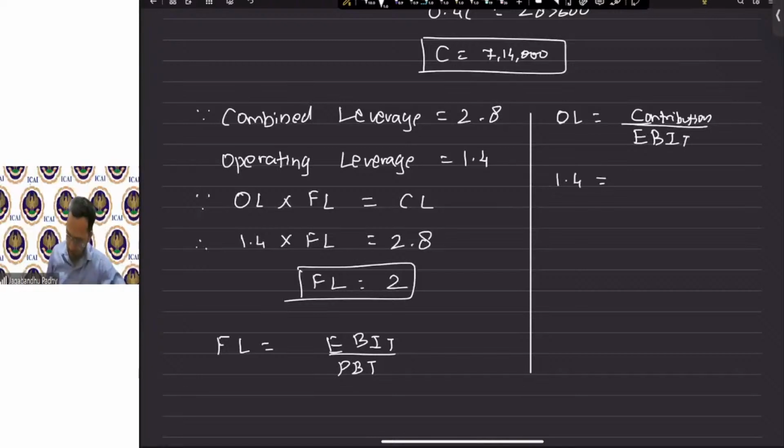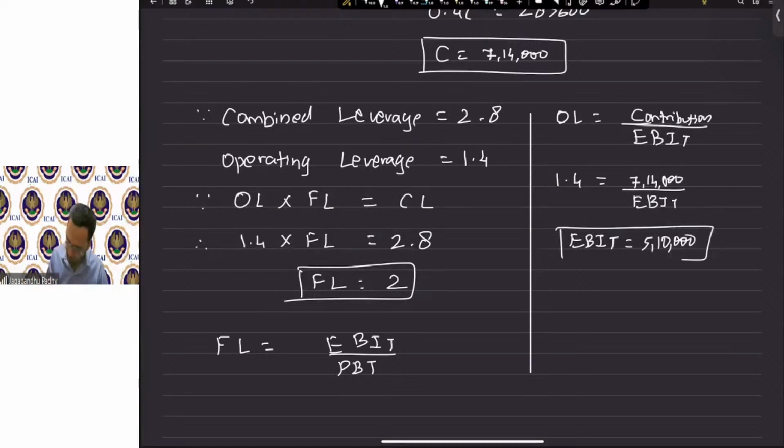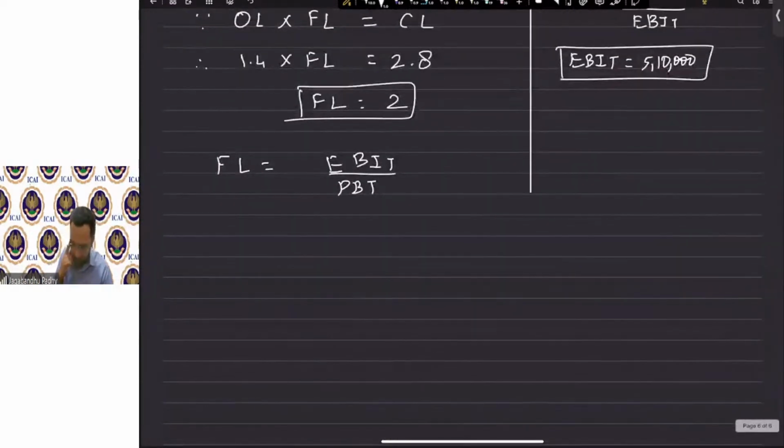Operating leverage is 1.4, wherein the contribution is 7 lakh 14,000 upon EBIT. So EBIT will become 7 lakh 14,000 divided by 1.4, which is 5 lakh 10,000. Financial leverage is EBIT upon PBT.